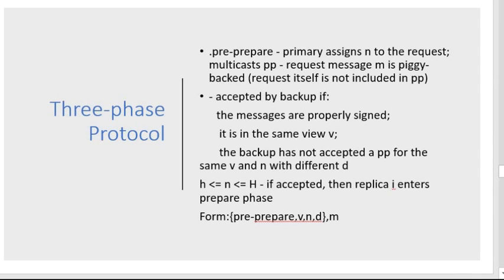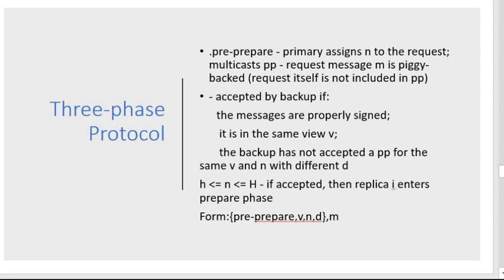in the form of pre-prepare, v, n, d, and m. A backup accepts the pre-prepare message provided the signature in the request and the pre-prepare message are correct, and it is in the same view. It will not accept a pre-prepare message for view v and sequence number n containing a different digest. That means it should be in the same view and the same sequence number.